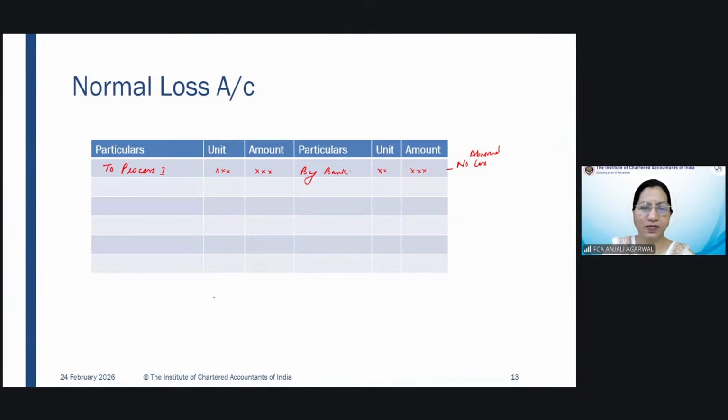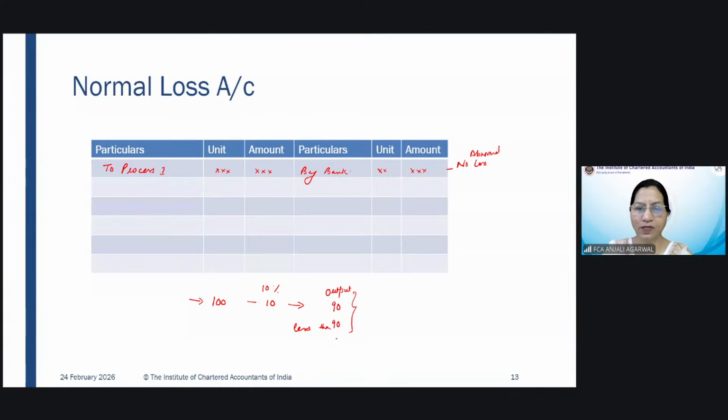So what I'm trying to say is if 100 units are moving into the process, there is a normal loss of 10%. So 10 units are lost. Output is 90. So if the output is 90 or anything less than 90, this will hold true because you will be able to sell 10 units as scrap.